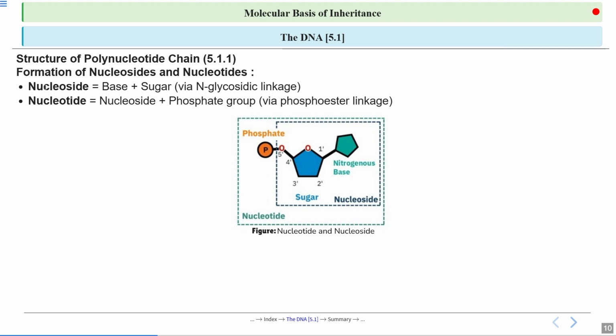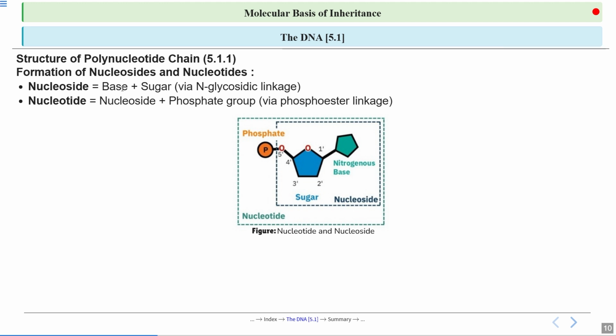Nucleoside is what? Nucleoside, as in its side. Here you can see, what is nucleoside? It is the base, the nitrogenous base, and the sugar, that is the pentose sugar. These 2 are called nucleoside. And you know how I used to remember this?